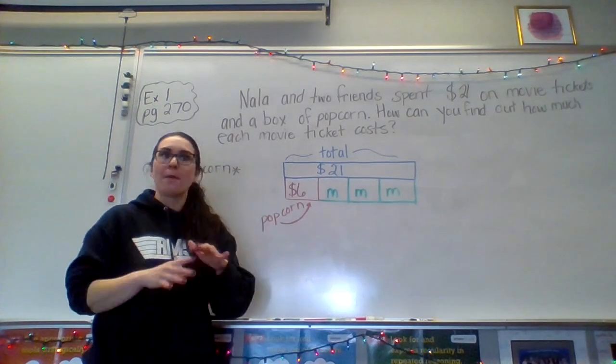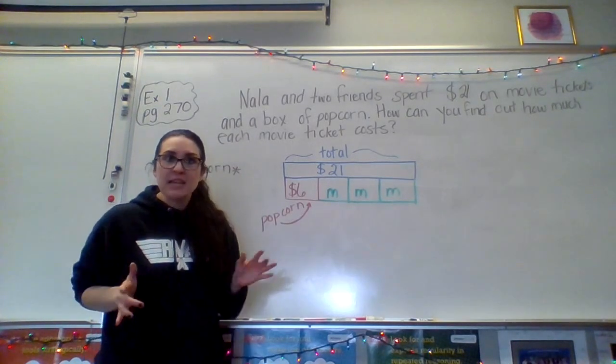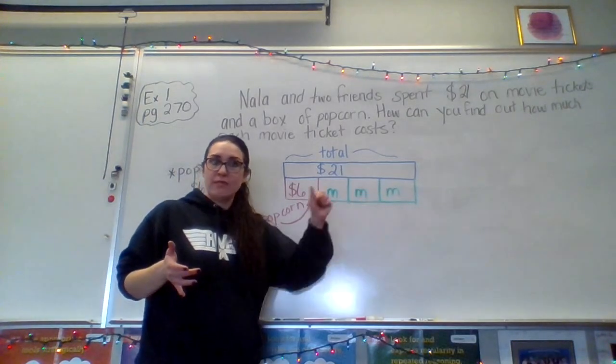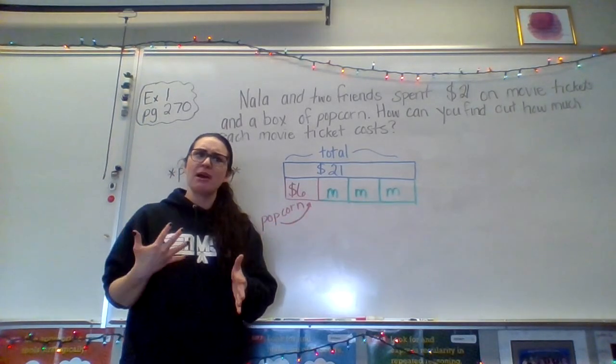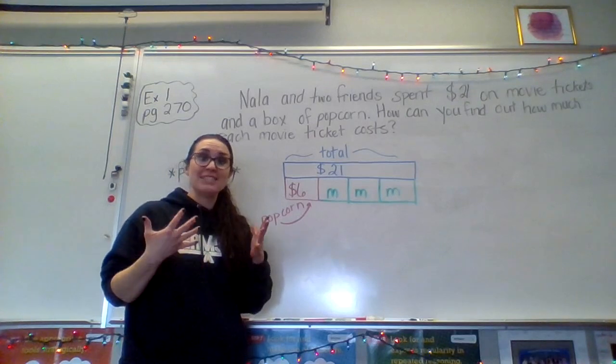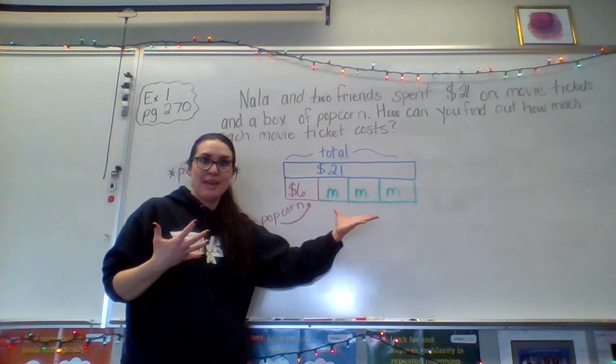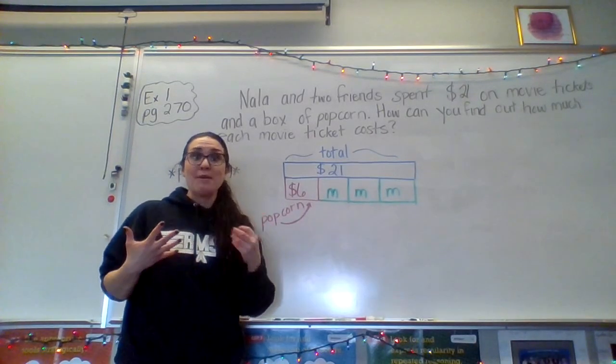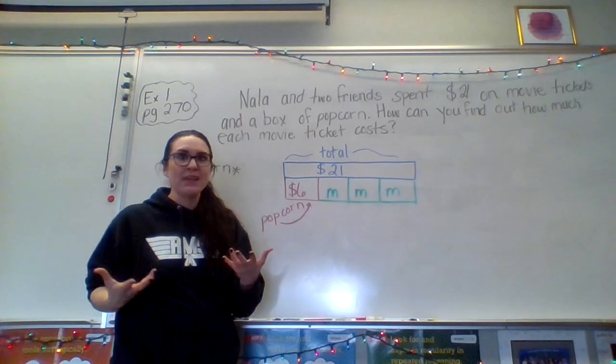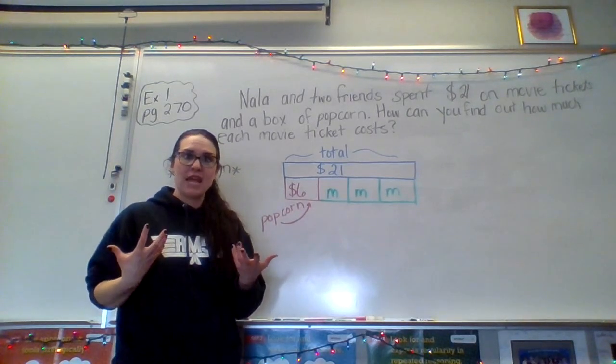Now our quest, our math adventure, if you will, my friends, is to figure out, well, how much did each individual ticket cost? So let's think about it this way. In order for me to figure out what M is, I need to isolate it. What I mean by isolating the variable is I want to keep it by itself, right?